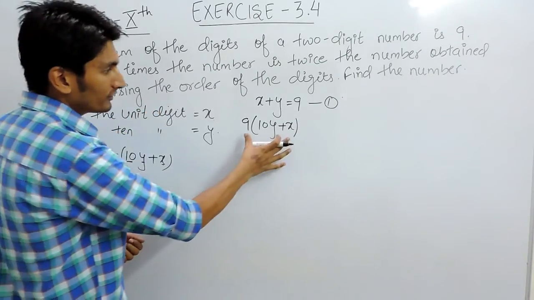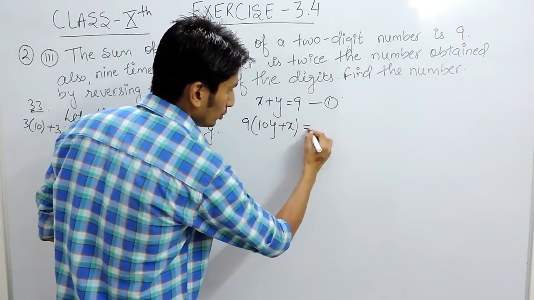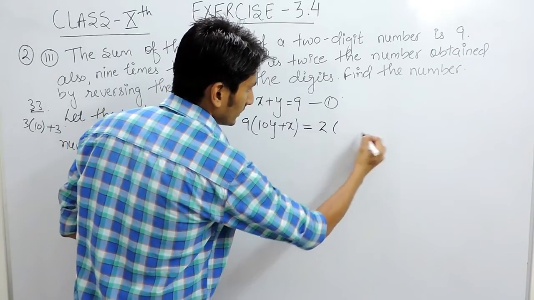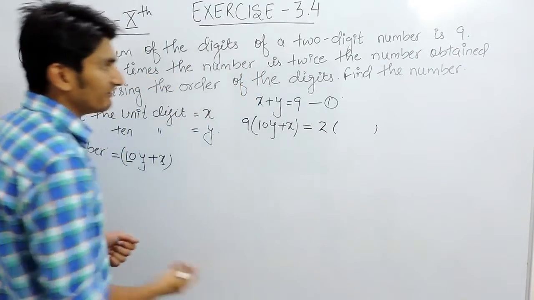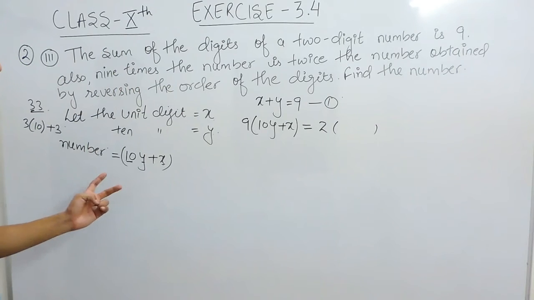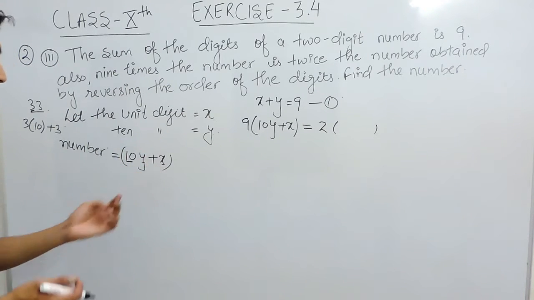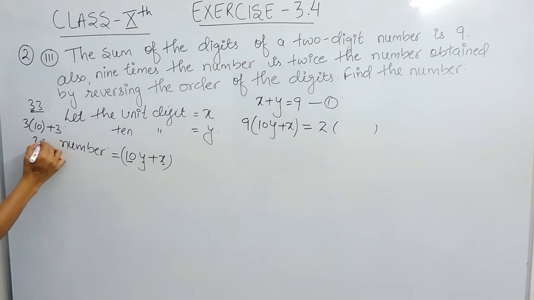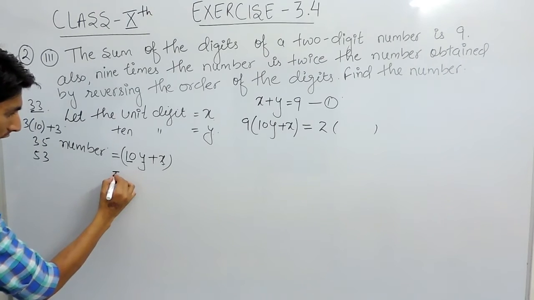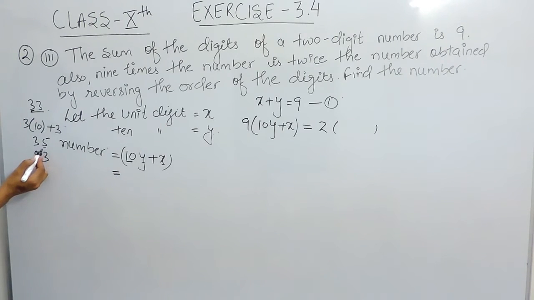is twice the number obtained by reversing the order. Means the value of this is equal to twice the number when we interchange the digits, or you can say reverse the digits. Means if the number is 35, I write it as 53, and if you want to reverse the digits, you have to multiply the unit digit with 10.